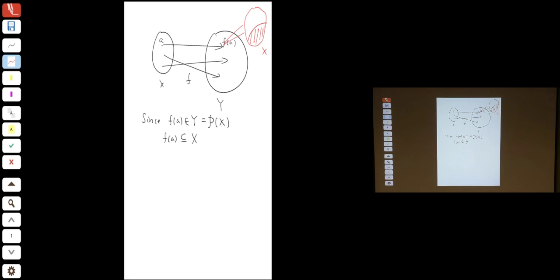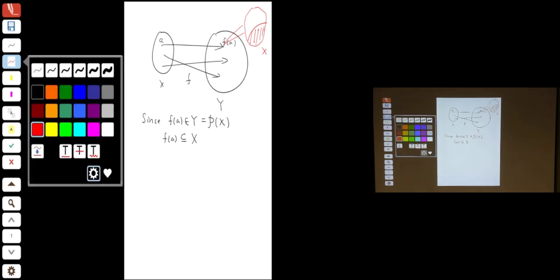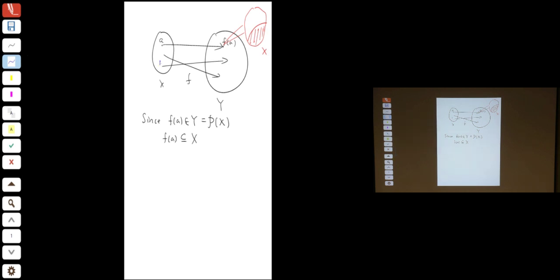Now let's draw one more picture. Let's choose blue. So if you have a b here, you get f(b), right? So f(b), although it's a point in Y, if I blow it up, I draw another copy of X. So f(b) maybe is like this.